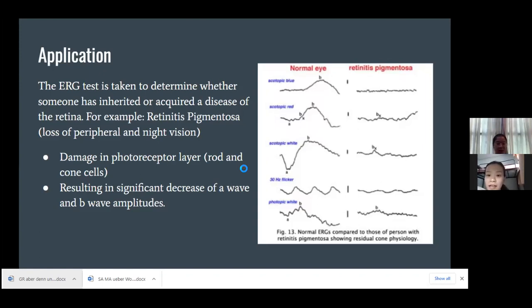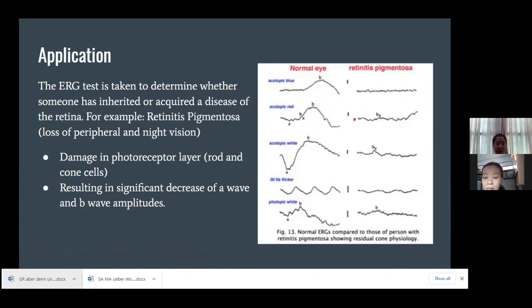Application. The ERG test is taken to determine whether someone has inherited or acquired a disease of the retina. For example, as mentioned before, there is retinitis pigmentosa, which is the loss of peripheral and night vision. We can see the graph on the picture, which is a comparison between normal eyes and a person having RP.